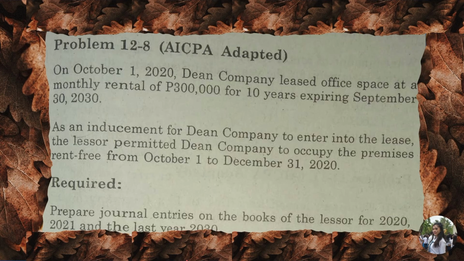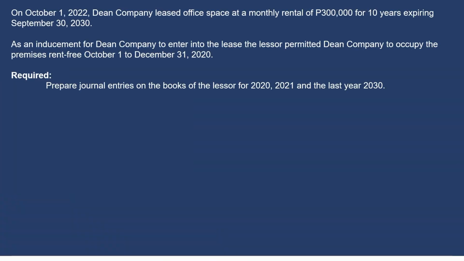Now, to entice Dean Company to enter the lease contract, the lessor said, okay, from October 1 to December 31, 2020, rent-free. Now, the requirement is to prepare journal entries on the books of the lessor for 2020, 2021, and the last year, 2030. Okay.